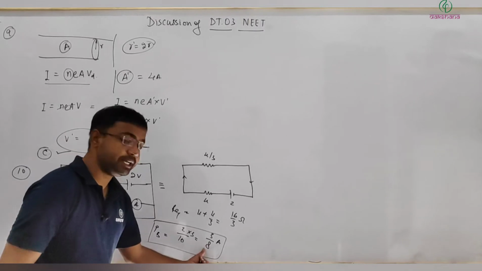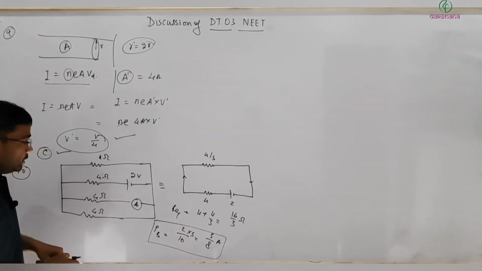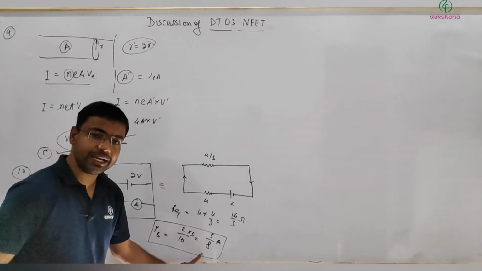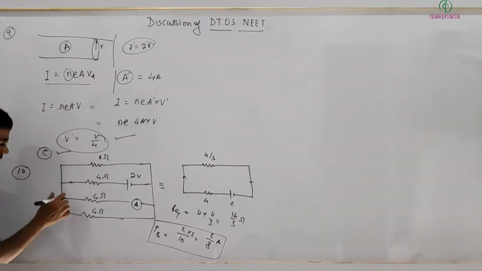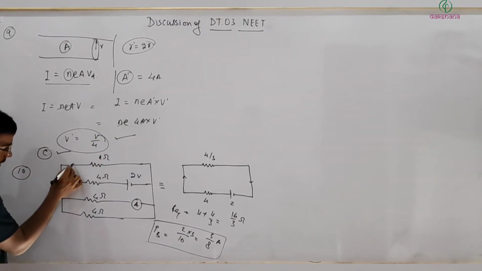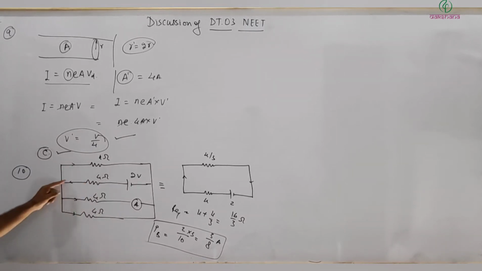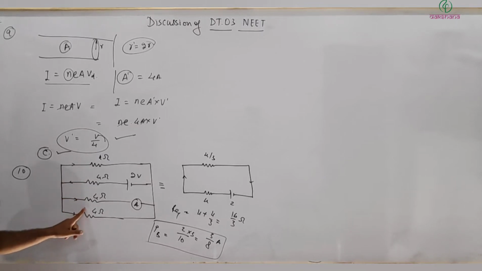I hope it's clear. And now see, from the battery the current coming is 3 by 8 ampere. Now you can see it's coming from the battery, and it will be divided in this resistor, this, and all 3 are equal. So I can say definitely 1 by 3, 1 by 3, 1 by 3 of the current will be divided in each.